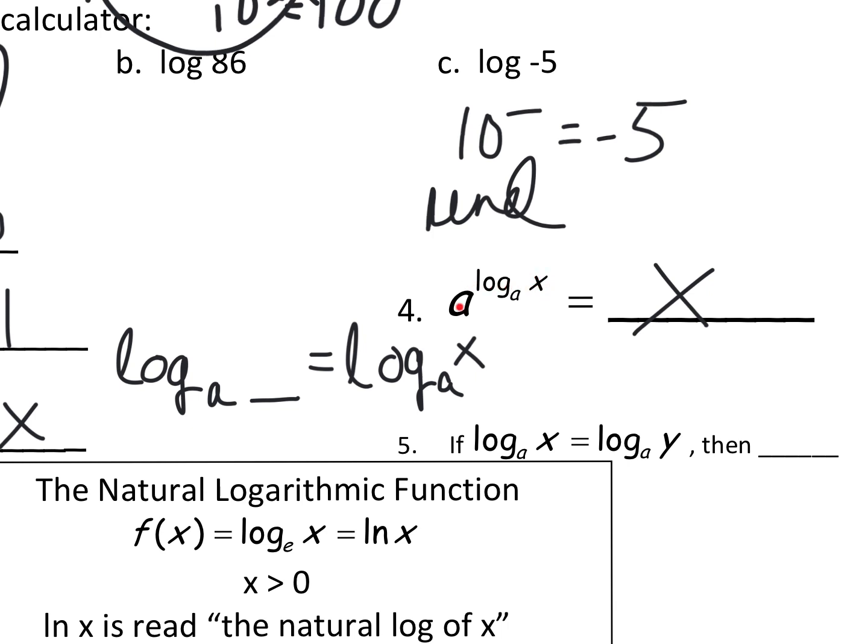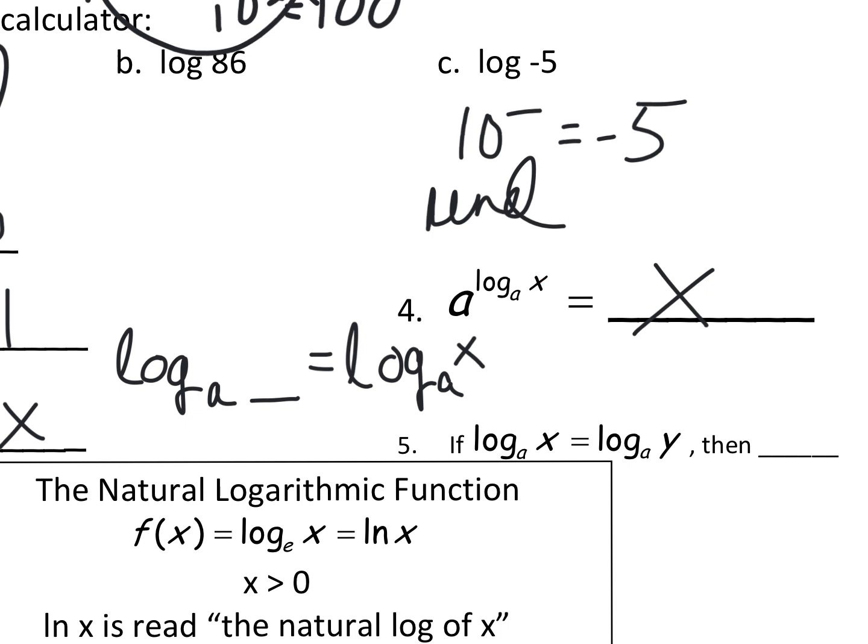I'll say that again. A is the base. The exponent is log base a of x. If the base of this logarithm, a, is the same as this base, then the whole expression will equal the argument of the logarithm.